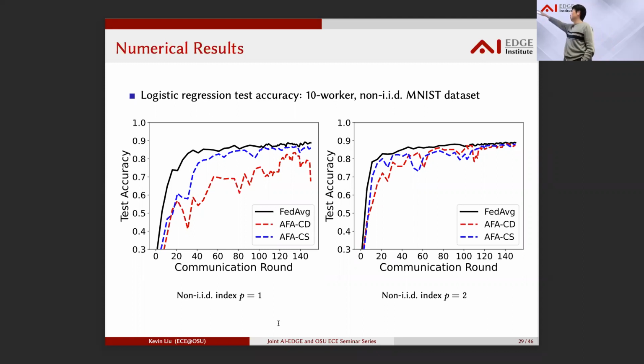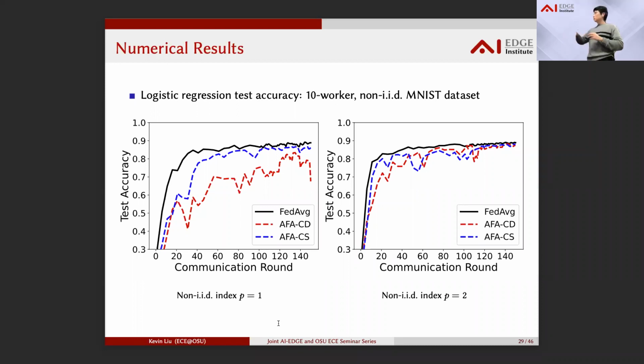Here we have 10 workers and a non-IID data set based on MNIST, a popular data set in the machine learning community. MNIST basically describes numeric digits, so there are 10 types of digits. We separate these 10 digits and allocate the data to different workers.